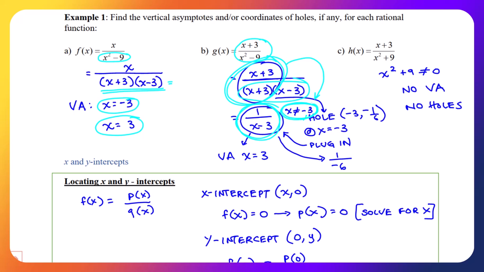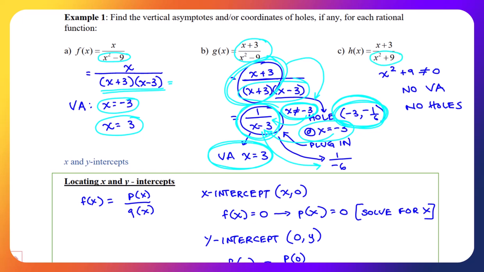But if we place that negative 3 into the remaining reduced fraction, I get negative 1/6 when I plugged in negative 3. And that's where the hole is. So we have a vertical asymptote and we have a hole.